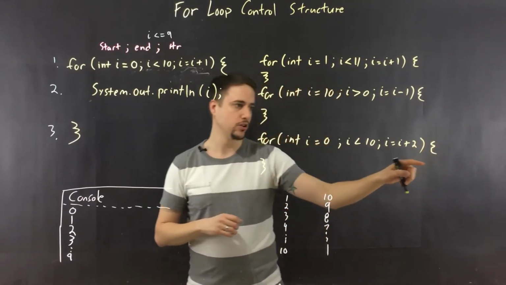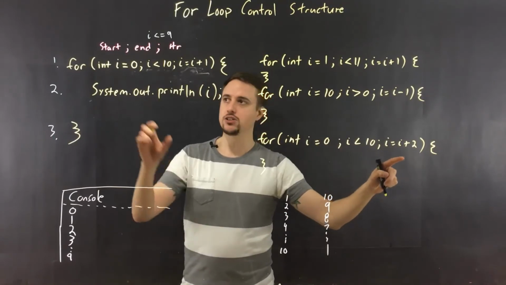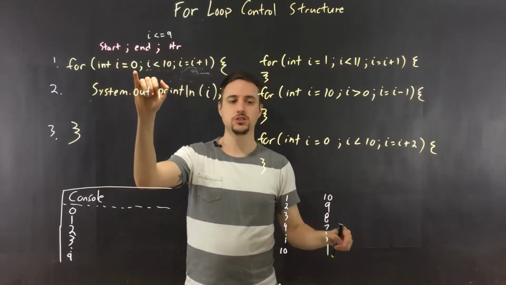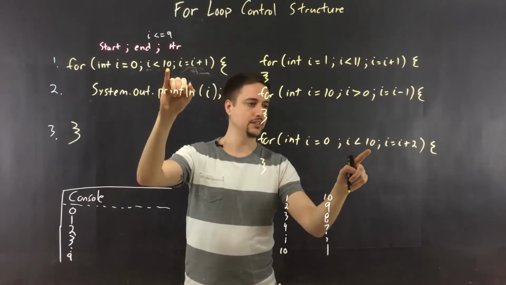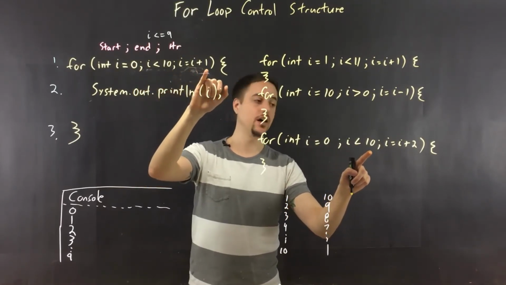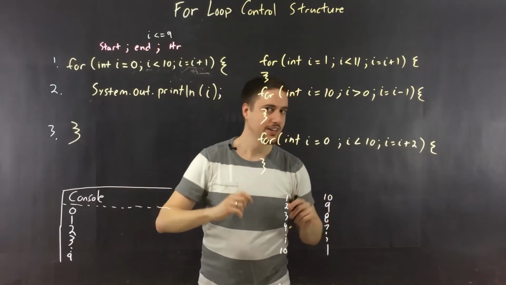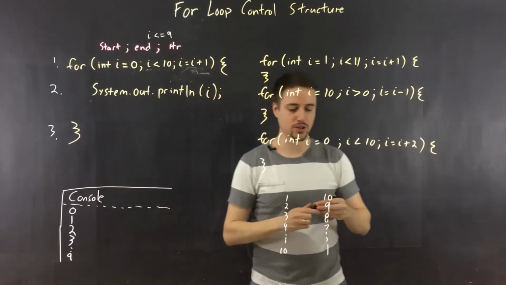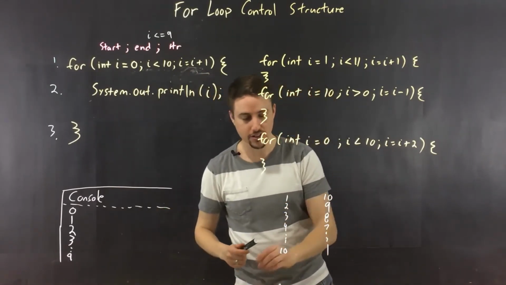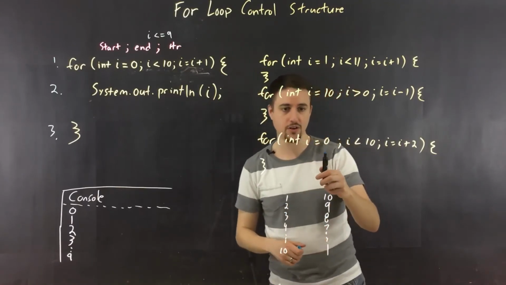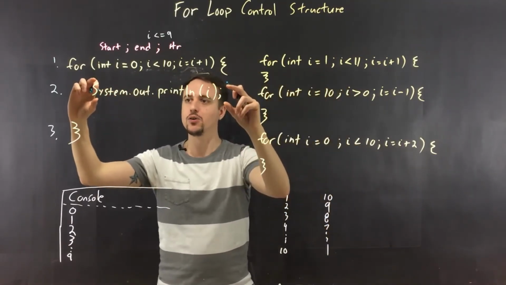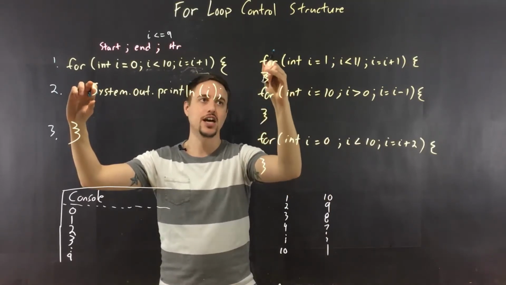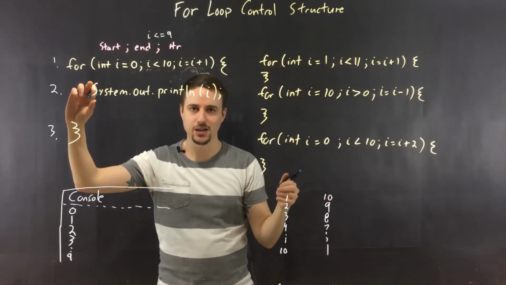Almost identical to the one that we started with, I equals 0, I less than 10, I equals I plus 1, well, I equals I plus 2. So can you guess what this one is going to look like? Well, it's still going to start at 0. And again, for all of these for loops, I'm assuming we have the system out print line inside of the scope of the for loop.